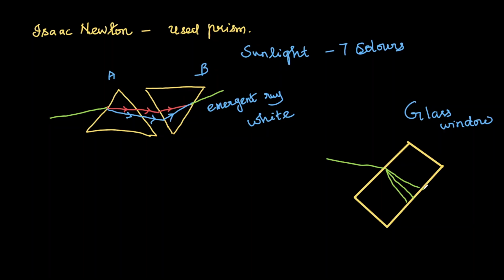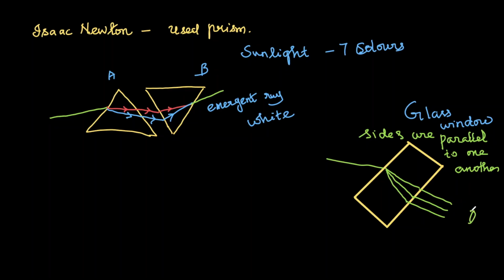When it emerges out, it forms parallel rays because the glass window is rectangular in shape, so the sides are parallel to one another. So it cannot split the sunlight into seven colors. It will reach our eyes as white light.